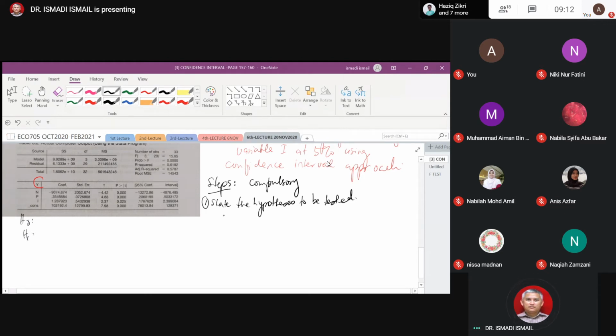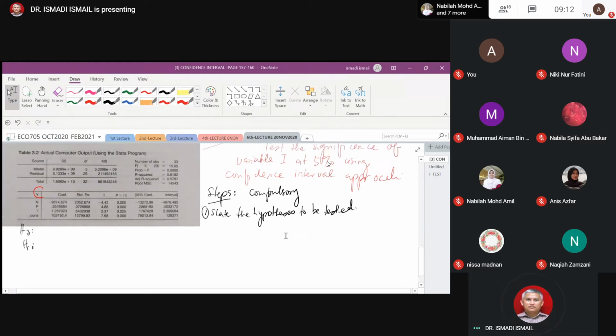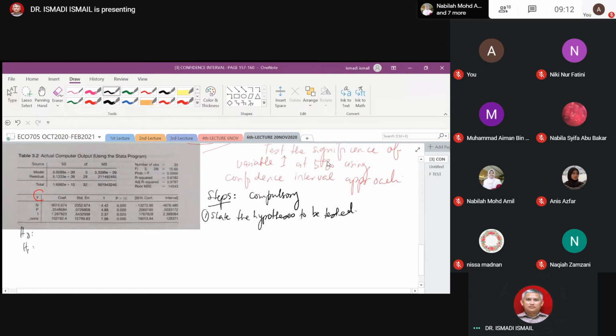So here we test variable R. H0, H1: colon, it is not equal. There are two different things between colon and equal.